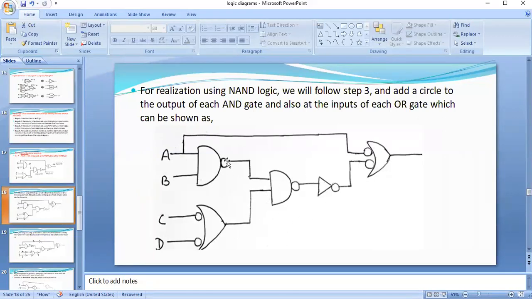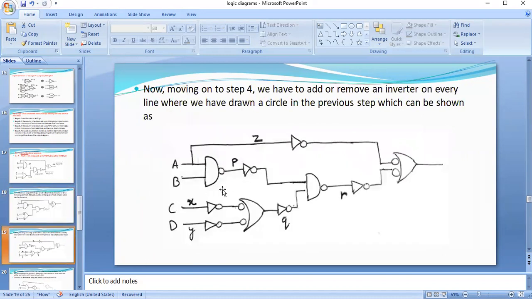What I am doing here is placing a bubble at the output of each AND gate and the input of the OR gate. For the compensation, again I'm placing an inverter on that line, the same line. See here, I am placing an inverter for the compensation of these bubbles.